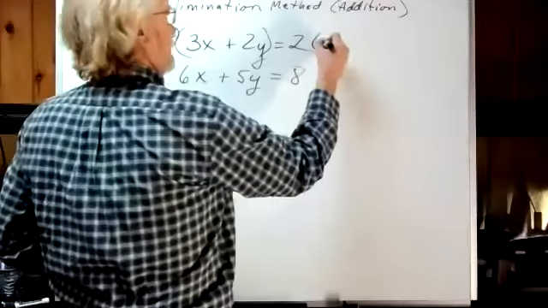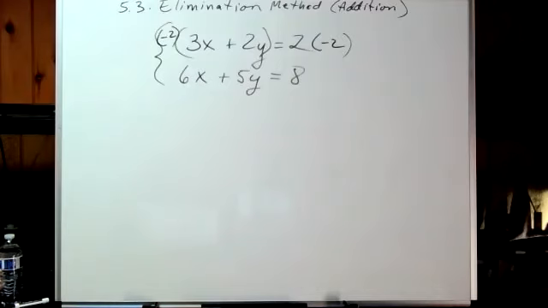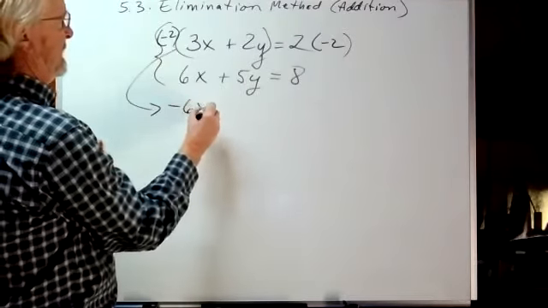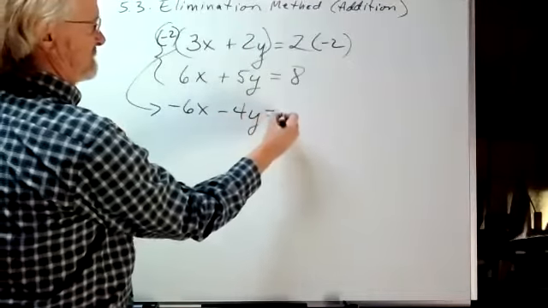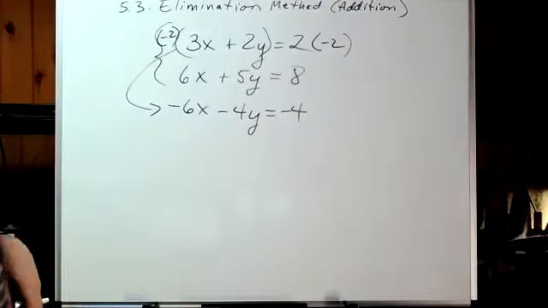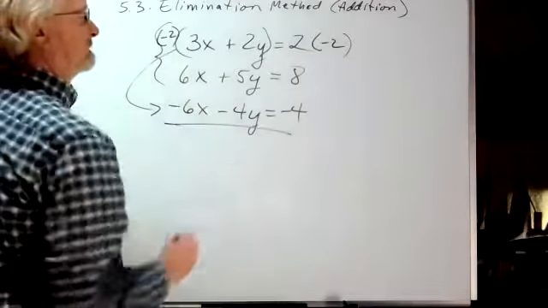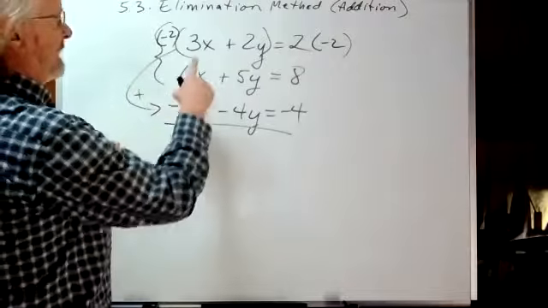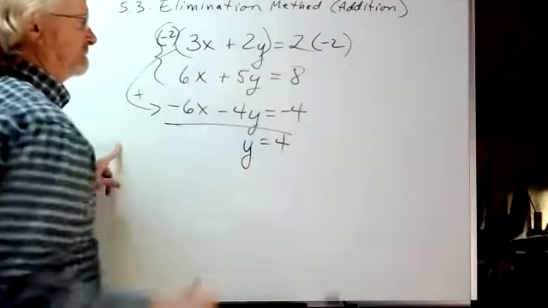Don't forget the other side. Okay? And so that becomes negative 6x minus 4y equals negative 4. Ready to add them together. The x's cancel, and I have only one y left, equals 4.